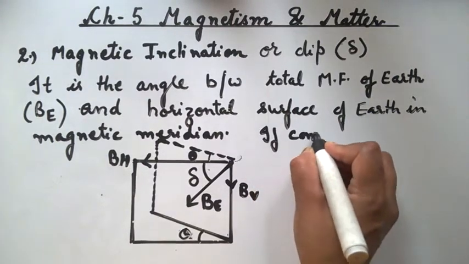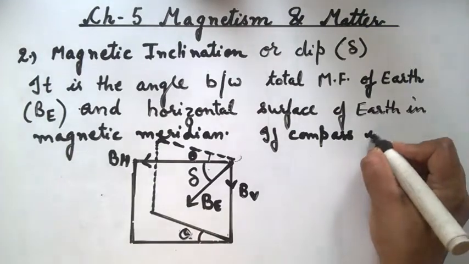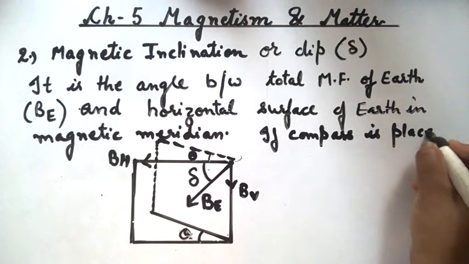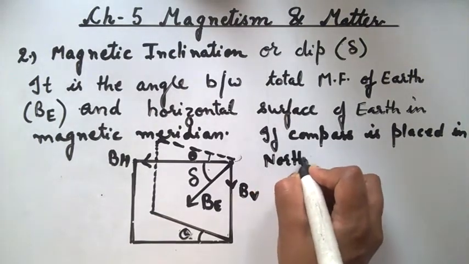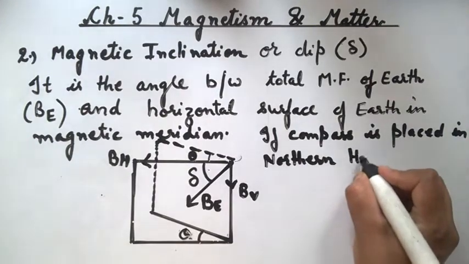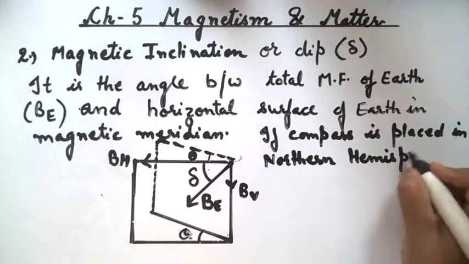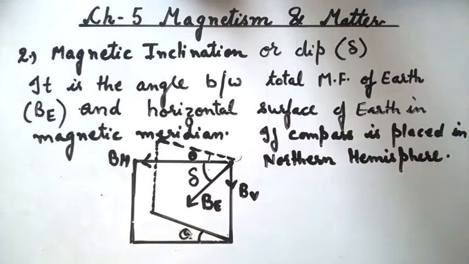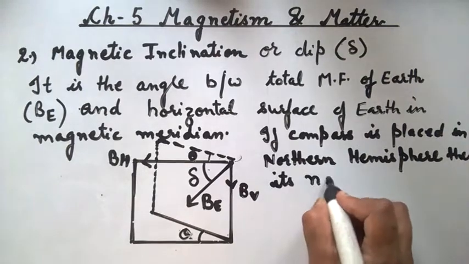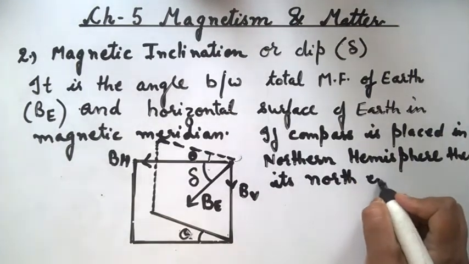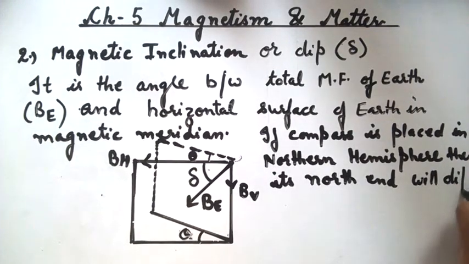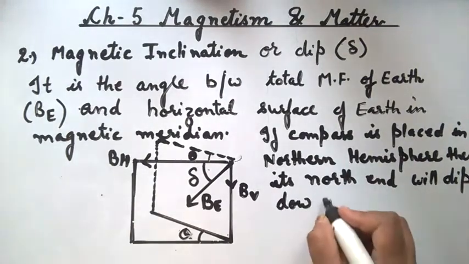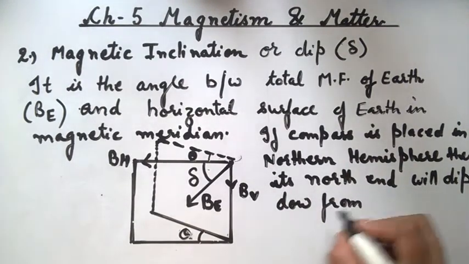That is, if the compass is placed in northern hemisphere, then its north end will dip down from the horizontal surface.